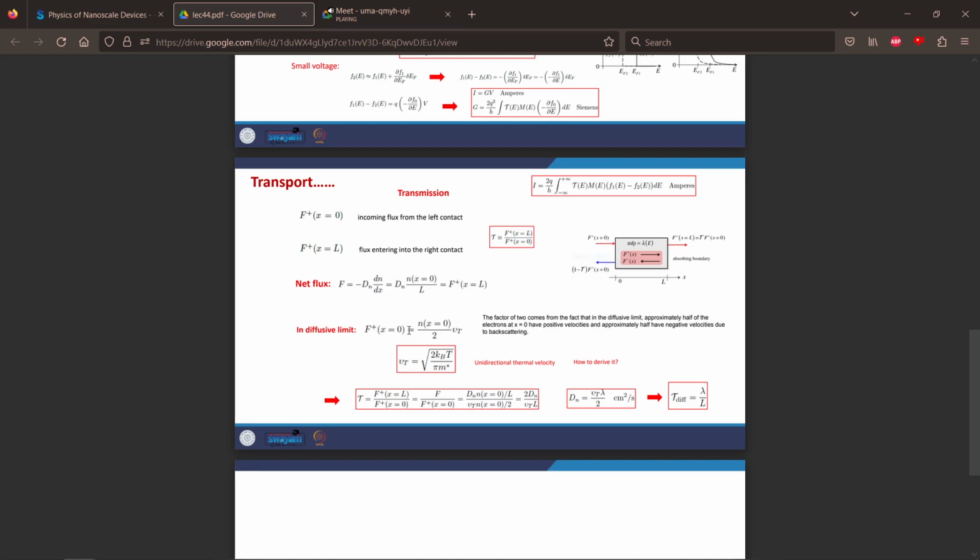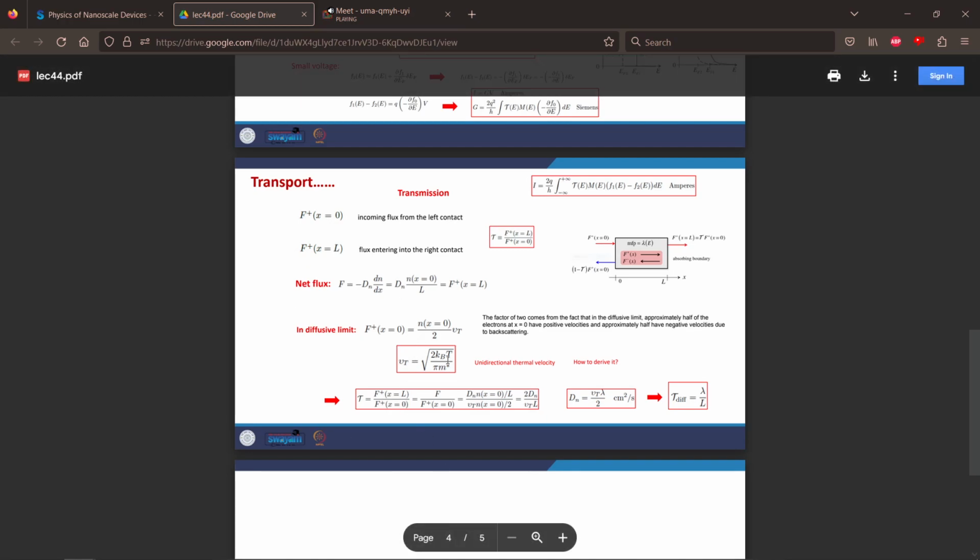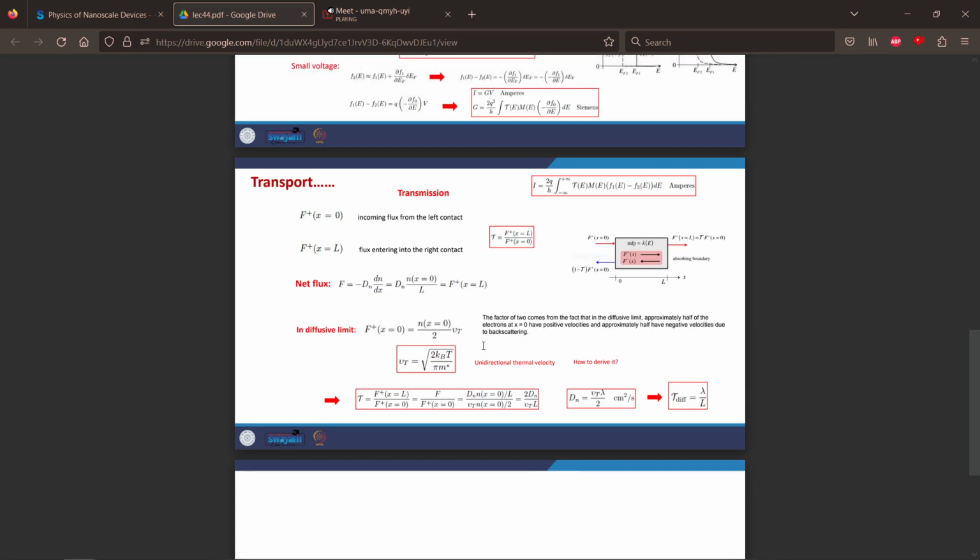As I told you before, the previous picture of velocity saturation that I described is only true for long channel devices. In short channel devices, that model does not apply. However, if we can understand the notion of unidirectional thermal velocities, then we can use that to redefine the concept of velocity saturation.